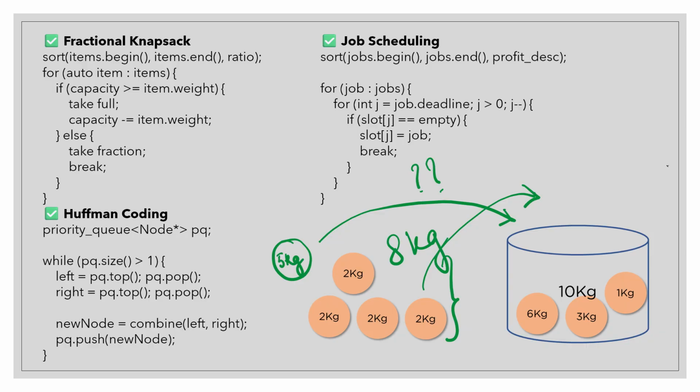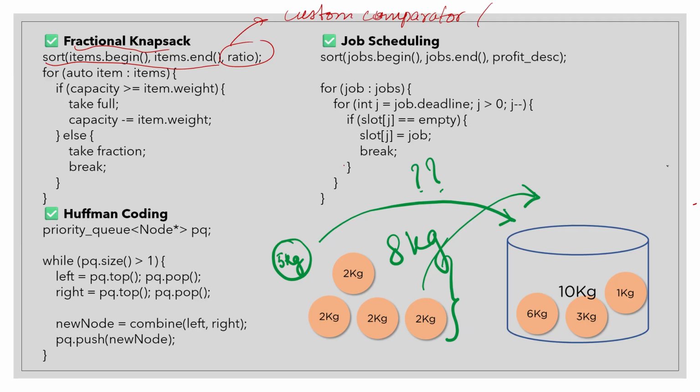Now, a very important code, fractional knapsack. Sort the items. Here you may be confused about what this ratio is. Basically, a custom comparator has been used here. Most of you will not be able to understand the custom comparator.